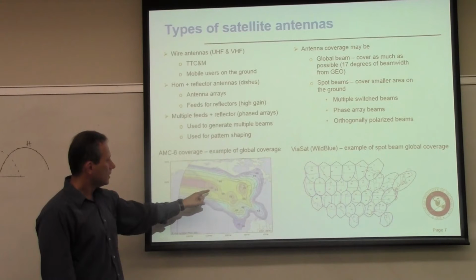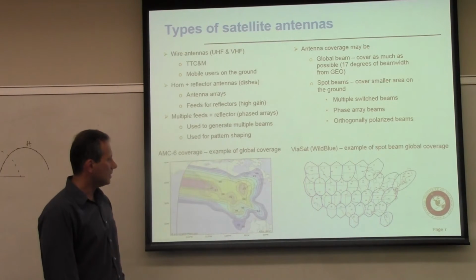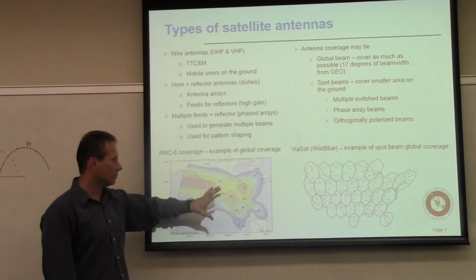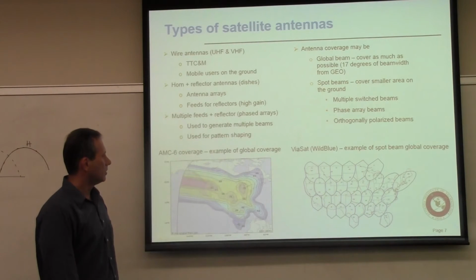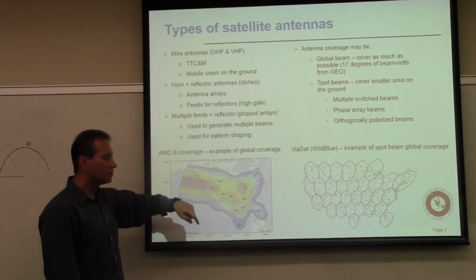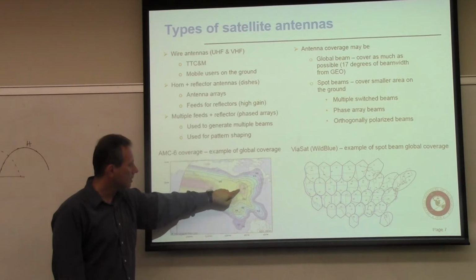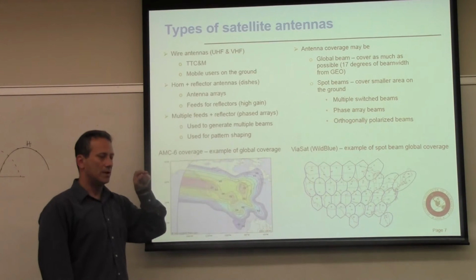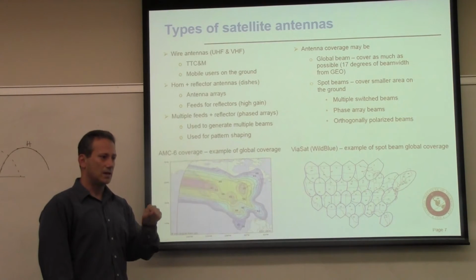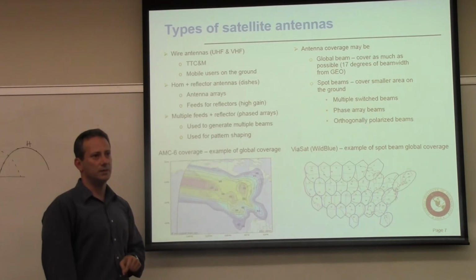The numbers that you see here are equi-power contours. When you generate these plots, what you present here are the contours of the same EIRP. Right? So when I see here 51, that means when I sit on the satellite and I look at EIRP in that particular direction, it is 51 dBm.